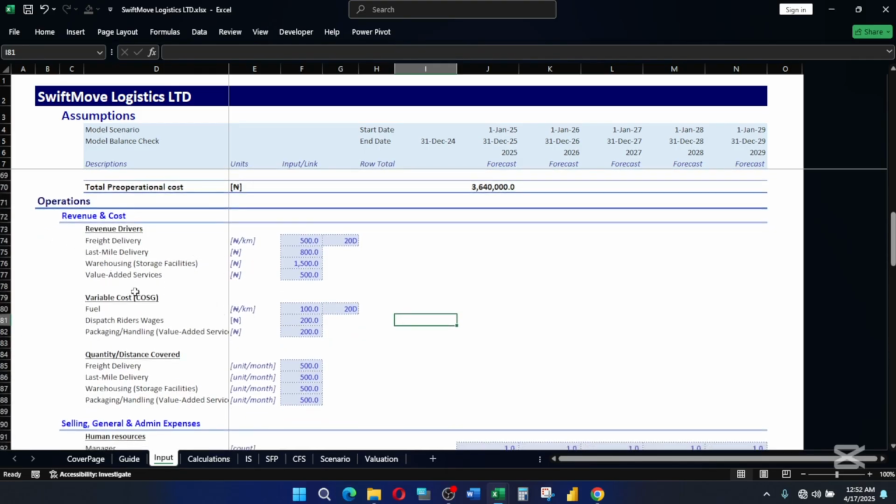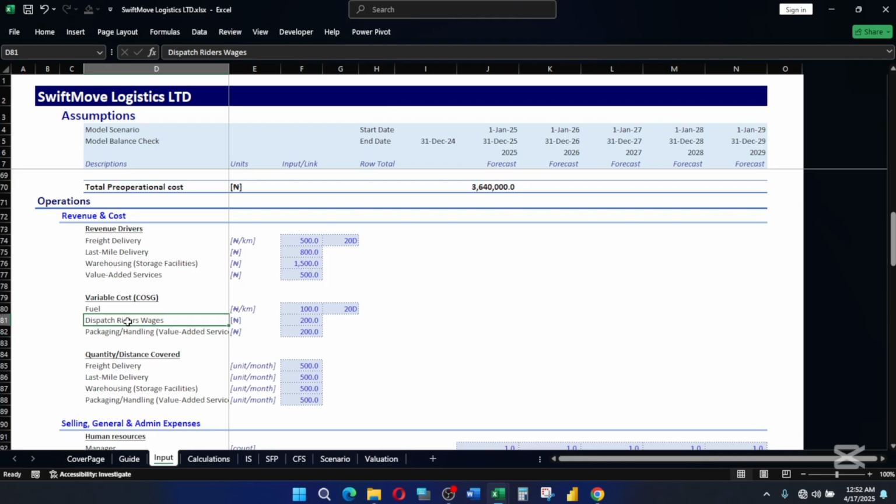Now when you look at it here, you see that this is their variable cost, the cost associated. For every 20 kilometer distance covered, we have dispatch riders. We are assuming that they are not paying their dispatch riders on a salary basis, but on a wage basis, and that is why it's coming under the cost of sales.